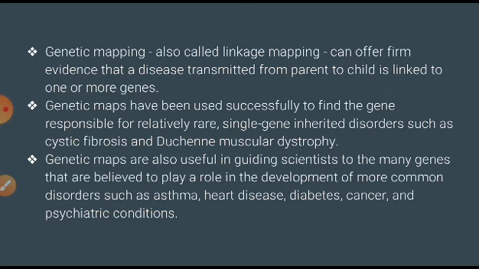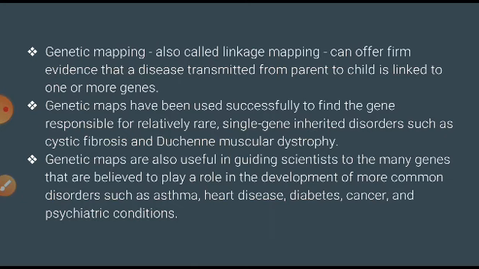Genetic maps have been used successfully to find the gene responsible for relatively rare single gene inherited disorders such as cystic fibrosis. You might remember cystic fibrosis, a disease that happens when there is a mutation in the gene on chromosome 7, and that gene is responsible for making the CFTR protein.